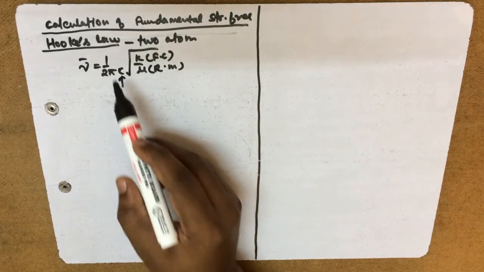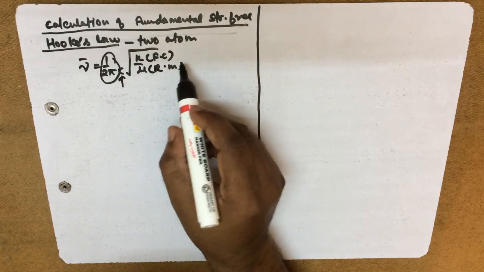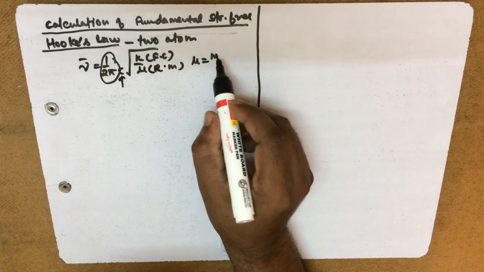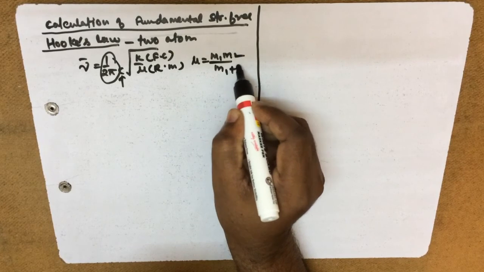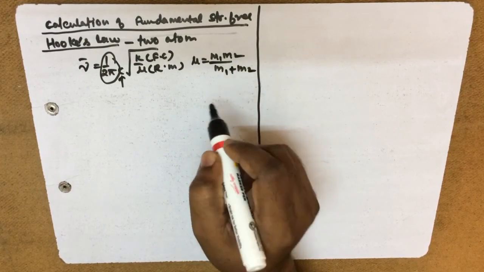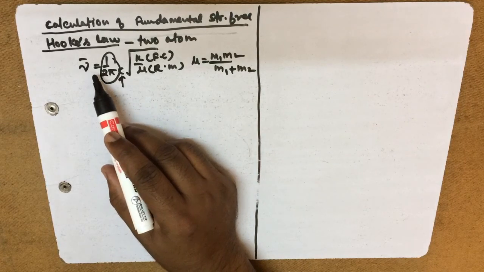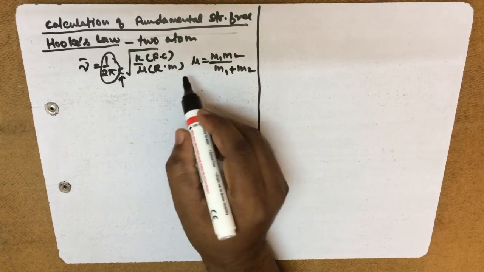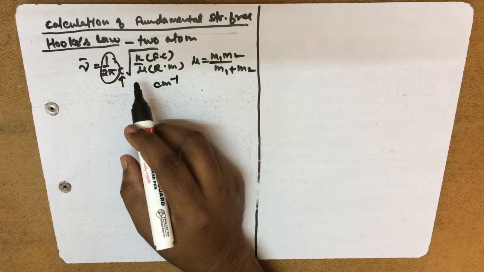Reduced mass is equal to m1 m2 over m1 plus m2, where m1 and m2 are the masses of the two atoms. The vibrational frequency is in centimeter inverse.